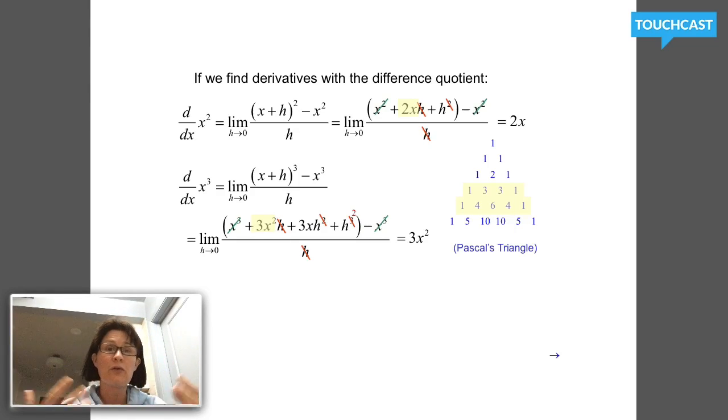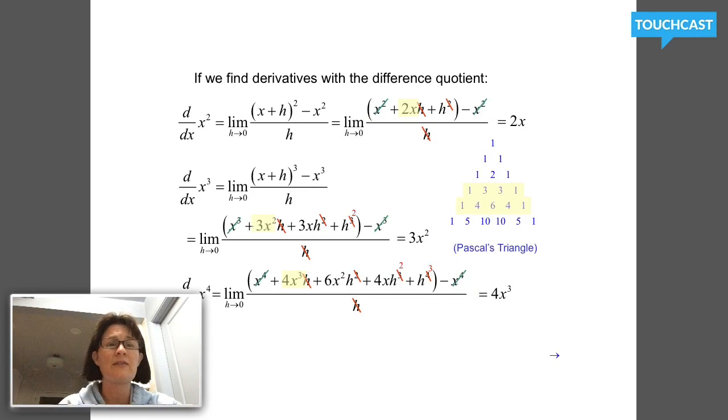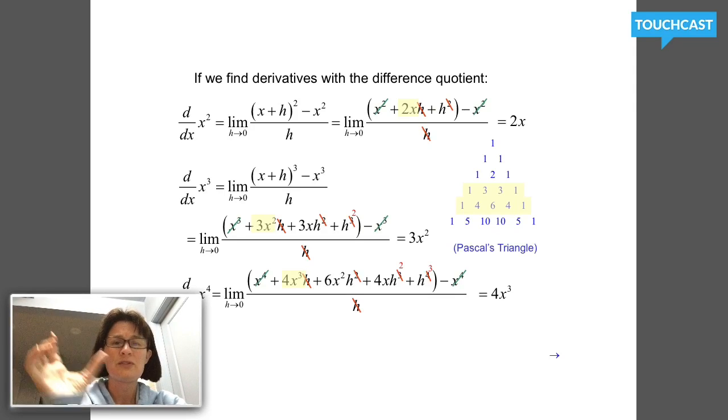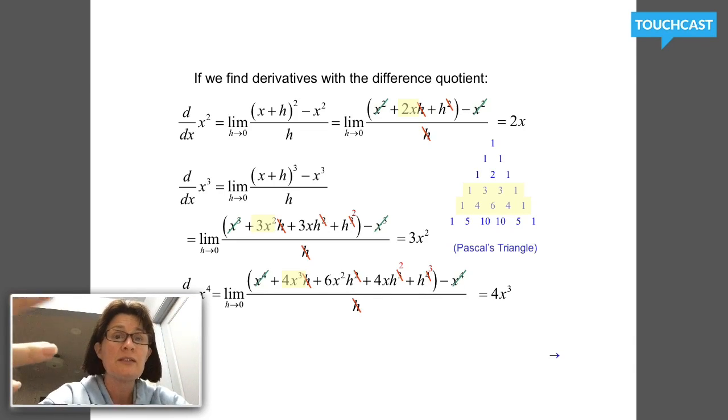Now, you could go through this process to find the derivative of x to the 4th and x to the 5th, x to the 6th, and I think you would start to notice a pattern. The pattern comes from the result of expanding out some binomial raised to an exponent. Maybe you practiced in Algebra 2 or Precalculus using Pascal's triangle to expand those out.